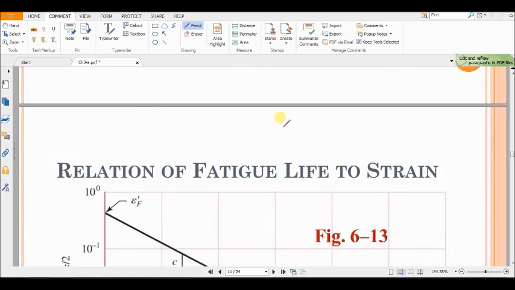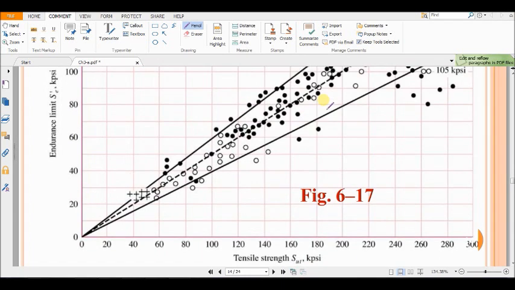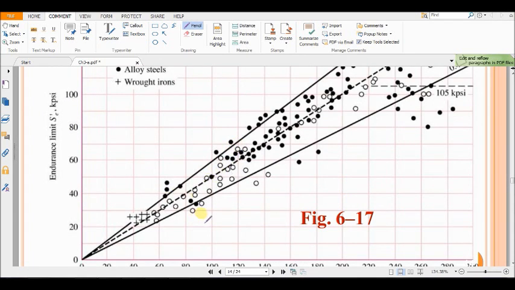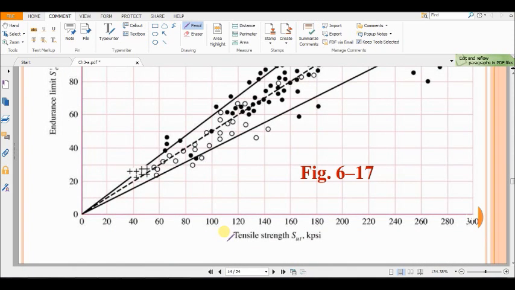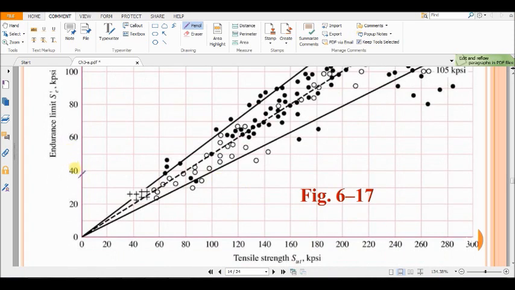Scientists have done this test for different materials with different tensile strengths. They repeated this test using many materials with different tensile strengths, and they found the endurance strength for each material.